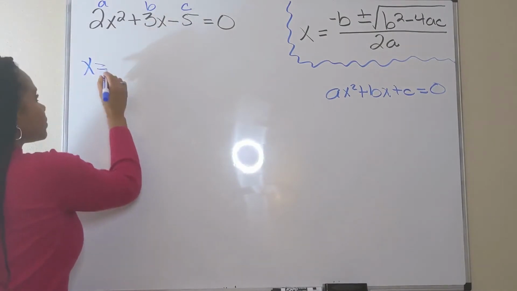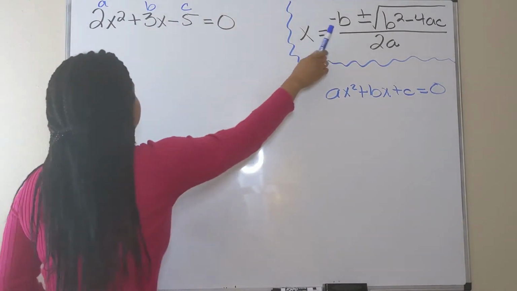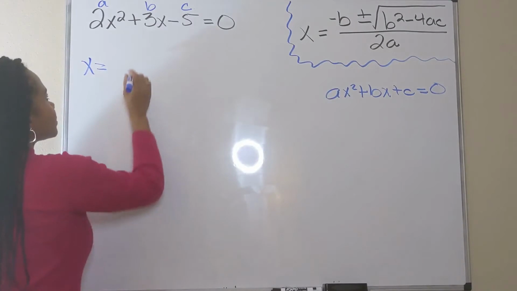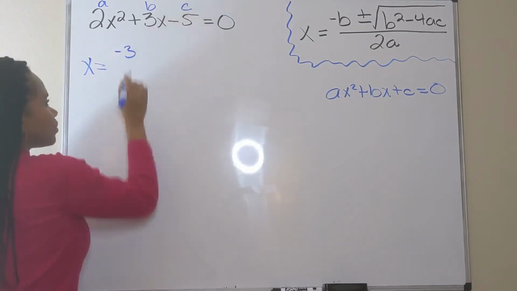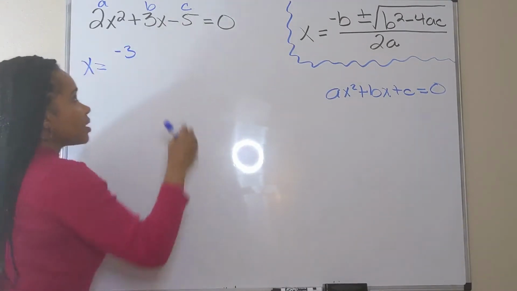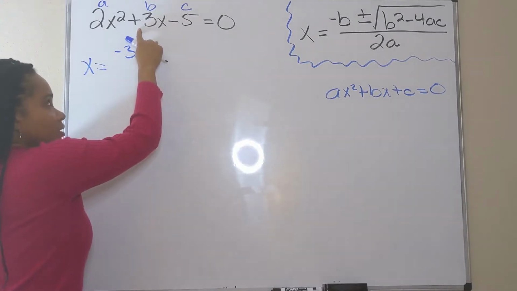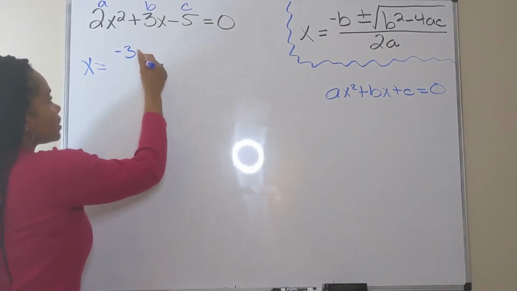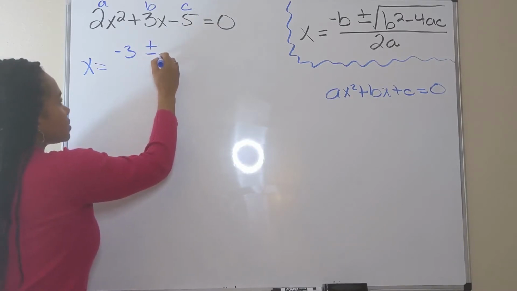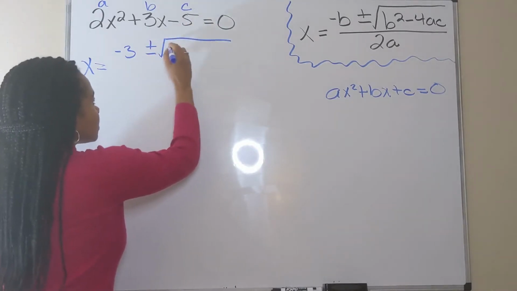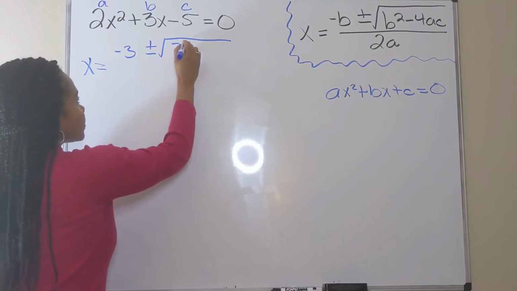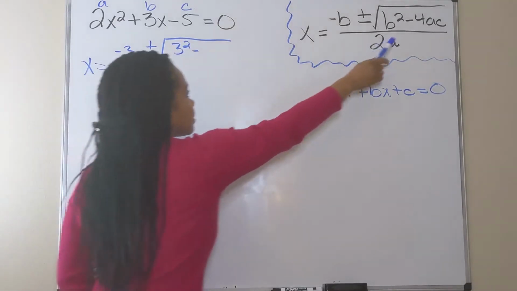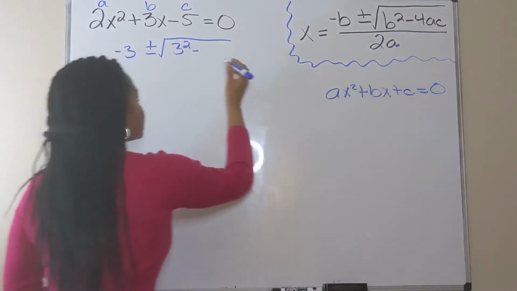So x is equal to negative b, that is going to be negative 3, or we could say the opposite of b. If b were already negative, then that would be a positive 3. All right. So negative 3 plus or minus the square root of b squared, so 3 squared minus 4 times a times c.